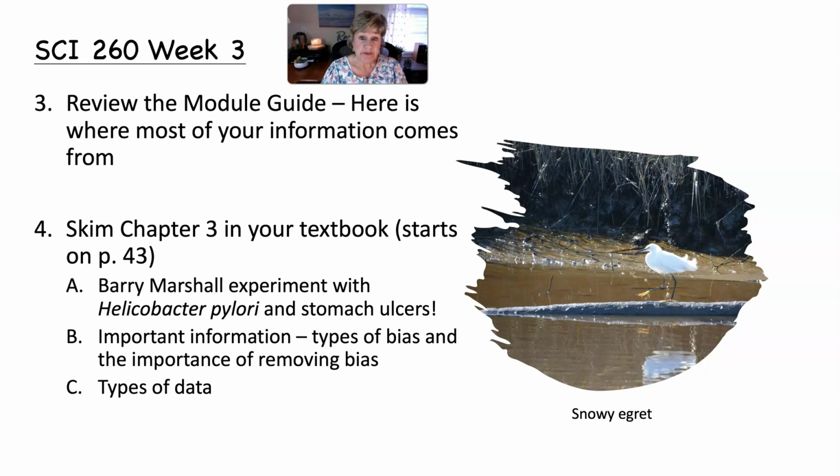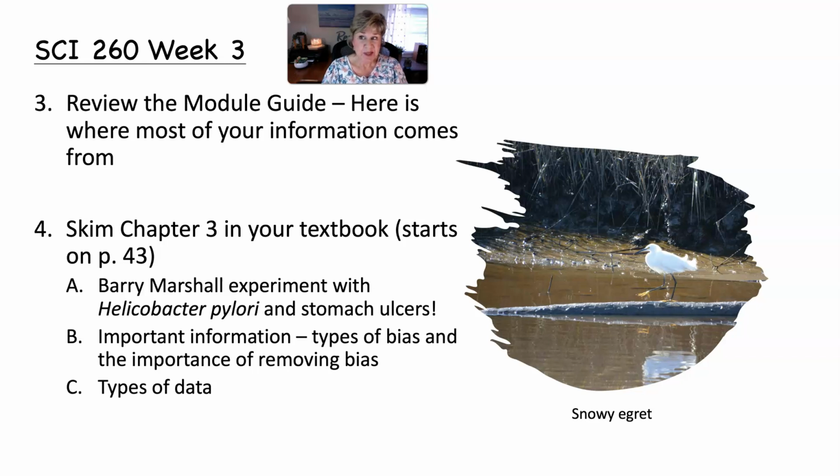He drinks one of his cultures of Helicobacter pylori, and lo and behold, he develops ulcers. And not only that, after that, he takes antibiotics, which kill the bacteria, and then he doesn't have stomach ulcers anymore. So, talk about the germ theory in action right there, showing where microbes cause diseases.